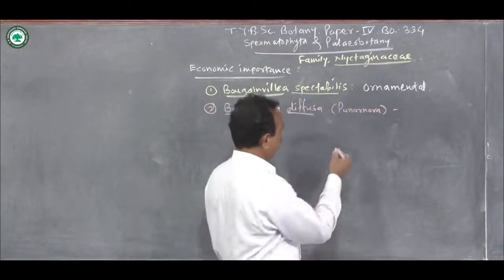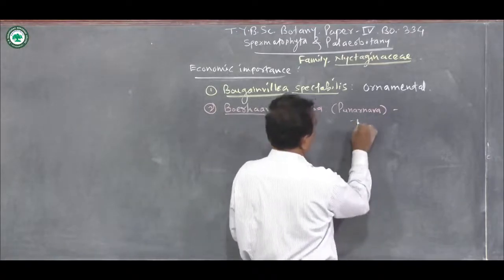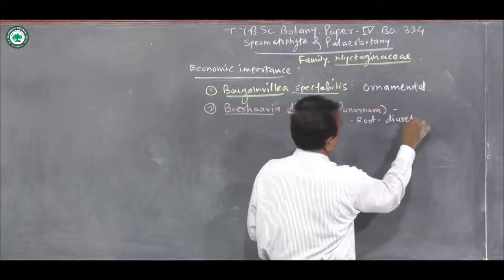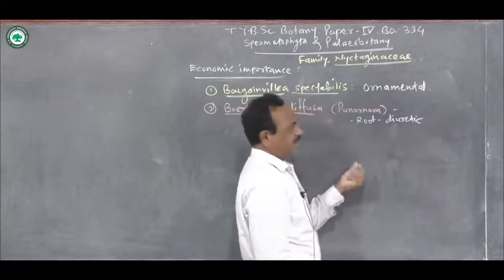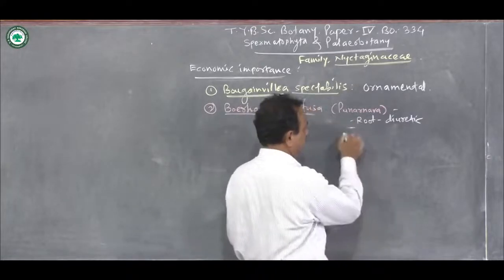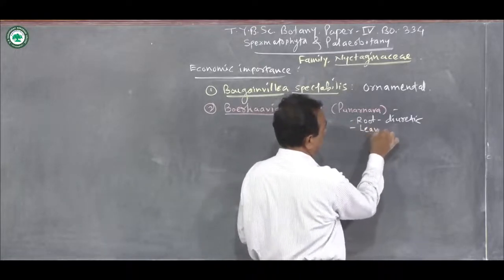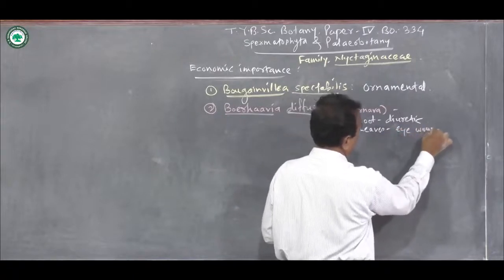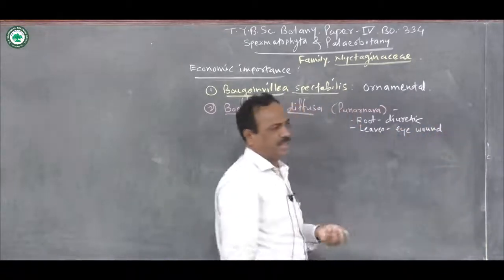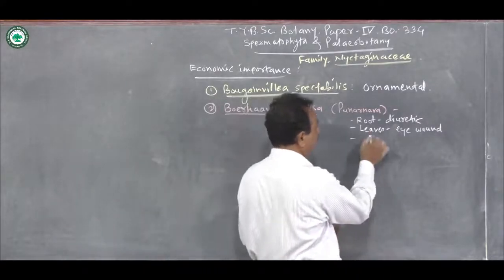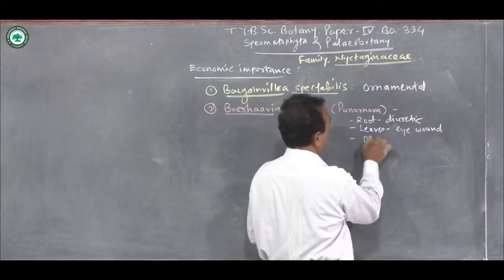The roots of this plant are diuretic. Roots are medicinally important. The leaves of this plant are used on eye wounds. If there is any wound in the eye, it is used for eye treatment, and it is also used for blood purification.